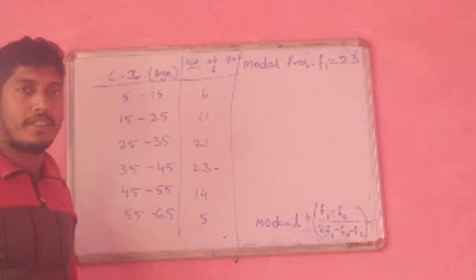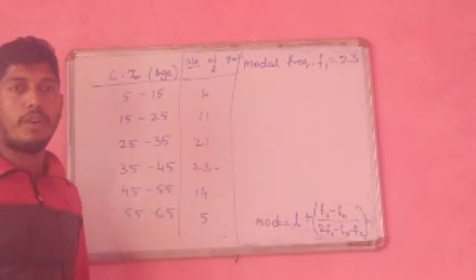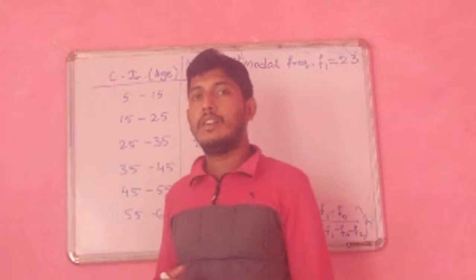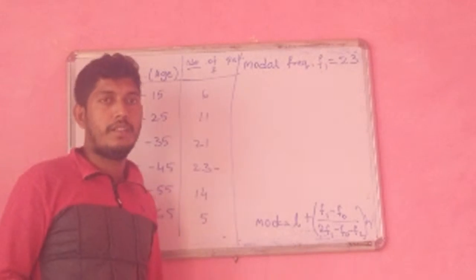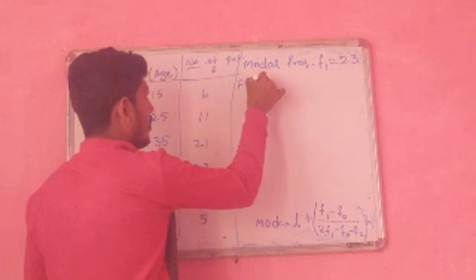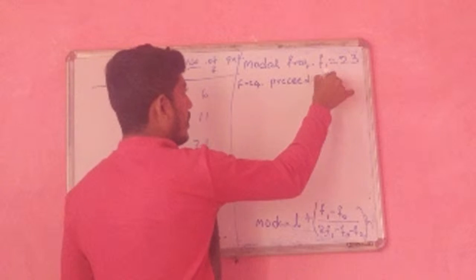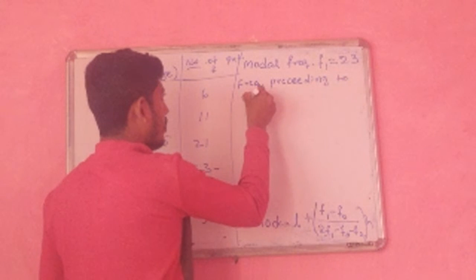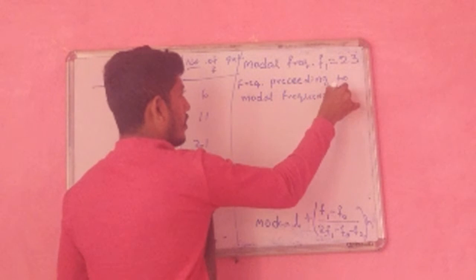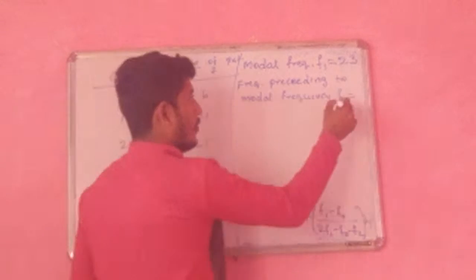Next, F0 means the frequency of the class interval preceding the modal class interval. That is F0, and it equals the previous one, that is 21.